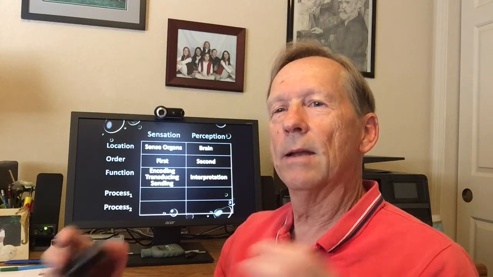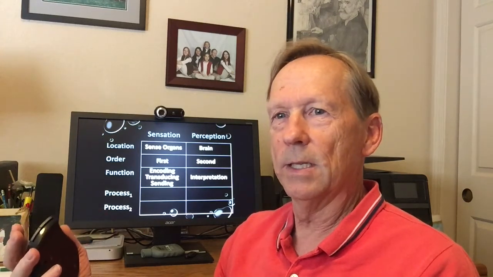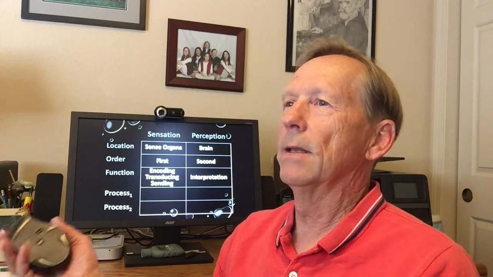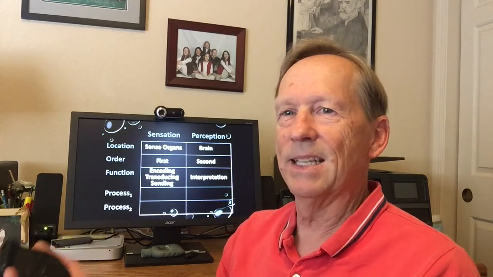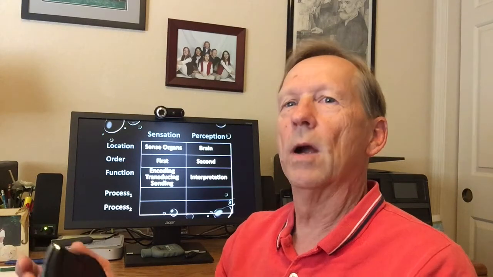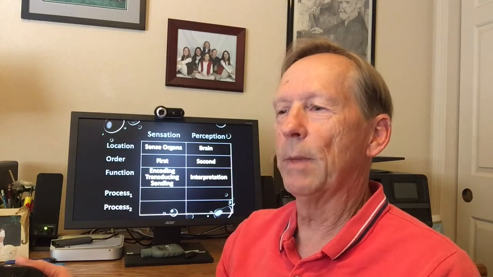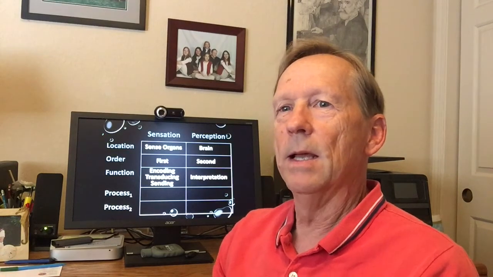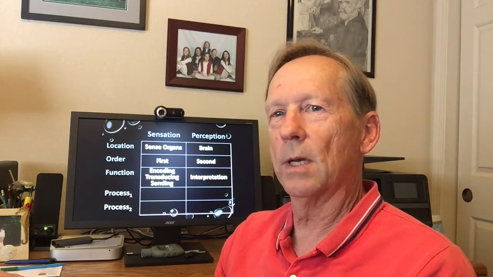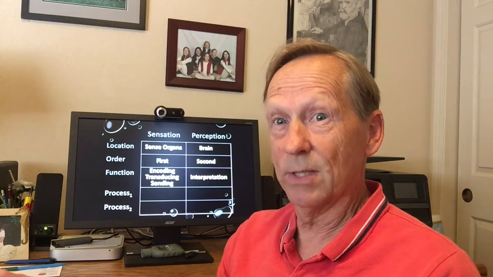So we take that electrochemical energy that has been transduced and now begin to make sense of it in terms of where it likely came from and what it actually means to us. In a sense, it's like the computer that works on binary code, a bunch of zeros and ones, actually.